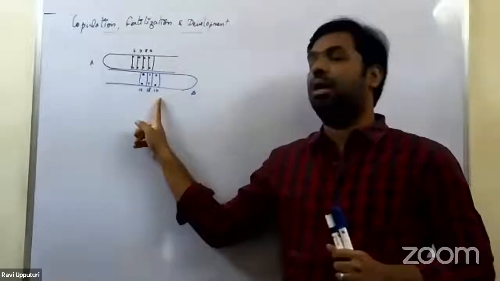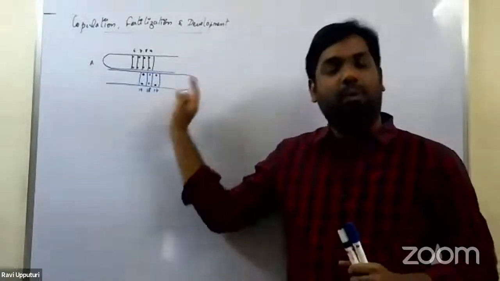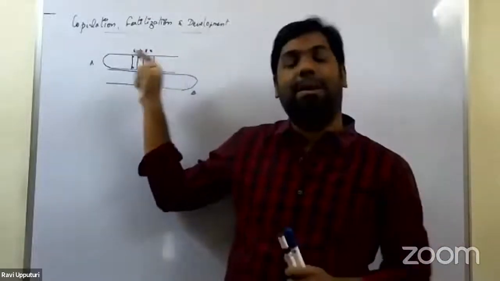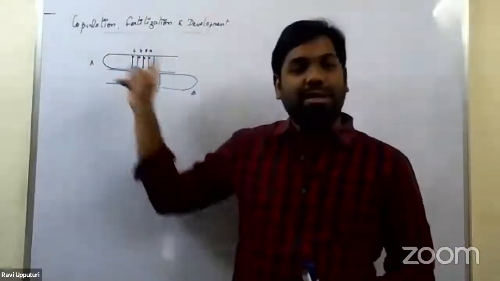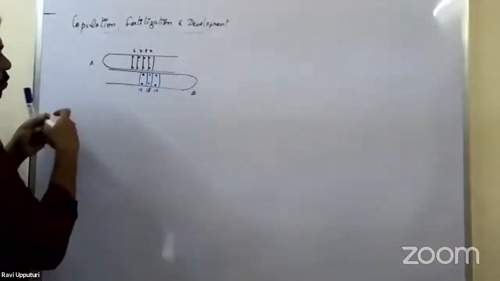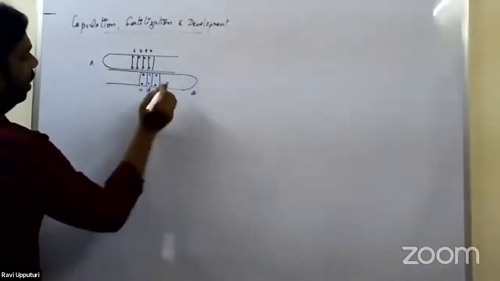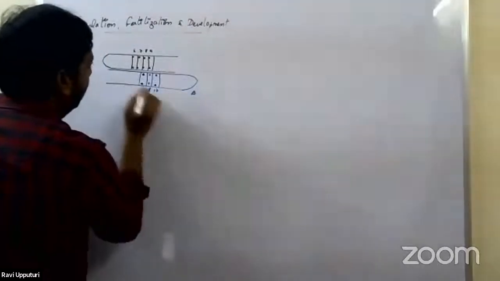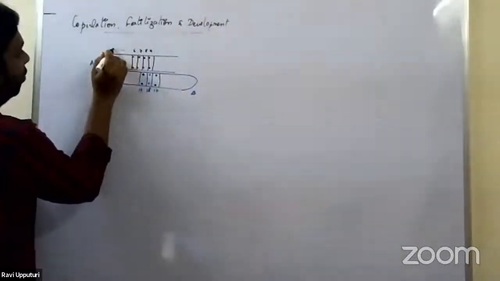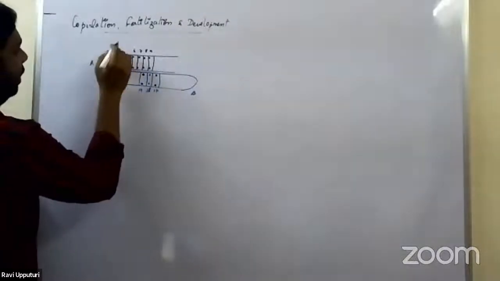The sperms from worm B will be deposited into the spermatheca present in segment number 9 of worm A. Once it is full, what happens? Once the spermatheca in segment 9 is full, worm A will start moving in the backward direction.